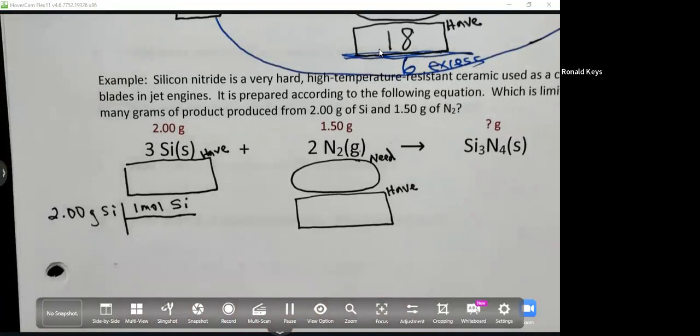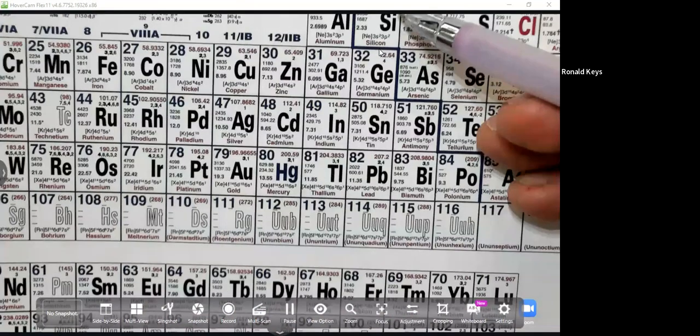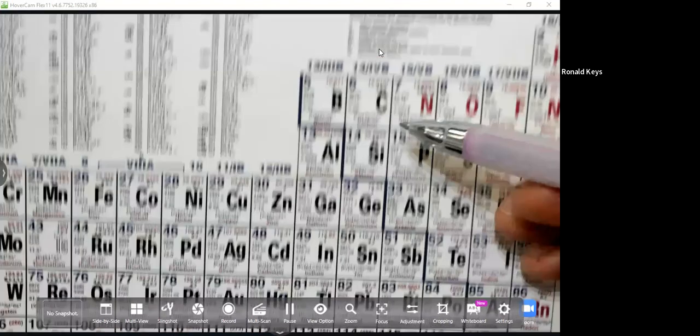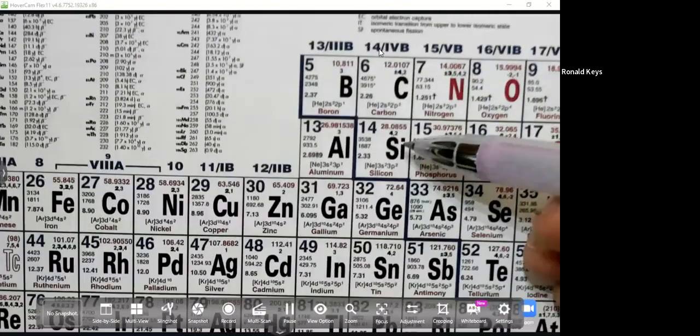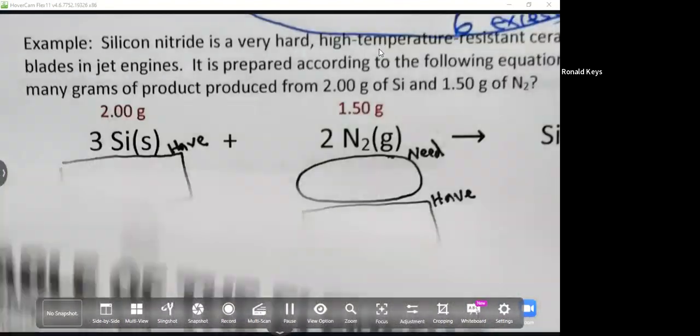Grab your periodic table and calculator. Get a head rush, use your calculator and your periodic table both. Blood flows to the brain using a calculator and a periodic table. So, right here, 28.09 looks like.